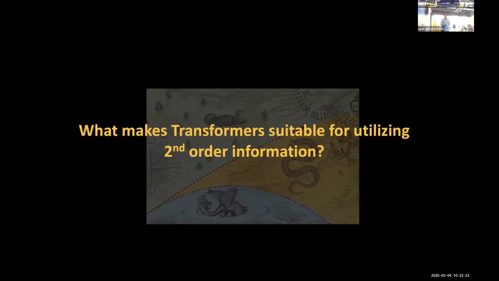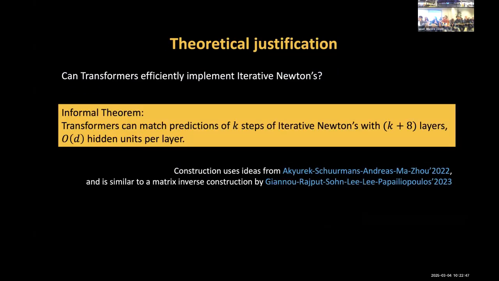Maybe I'll skip this. One more question we can ask is what makes transformers suitable for getting, say, second order rates. This is an expressivity result. We show that there is a construction which implements Newton.